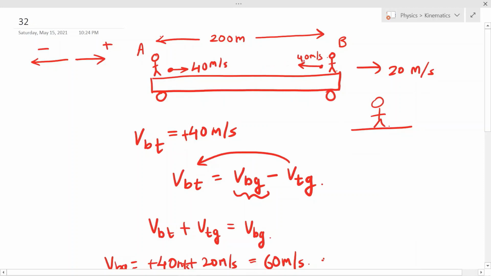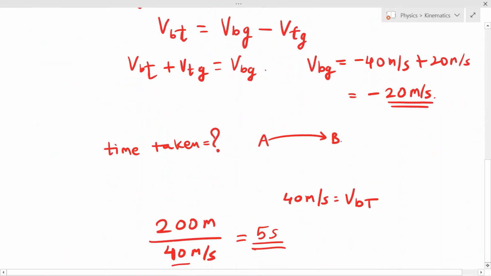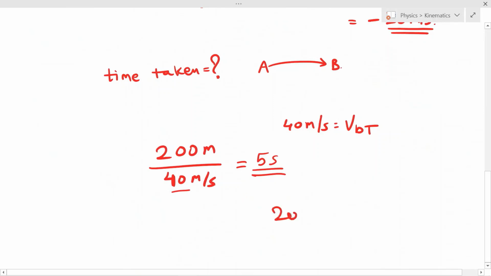Why? Because this velocity is with respect to the trolley itself. So this will be again 200 meter divided by 40 meter per second. So this becomes 5 seconds again. So to go back from B to A, it has used 5 seconds of time.